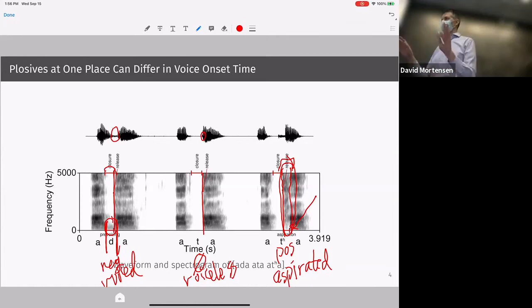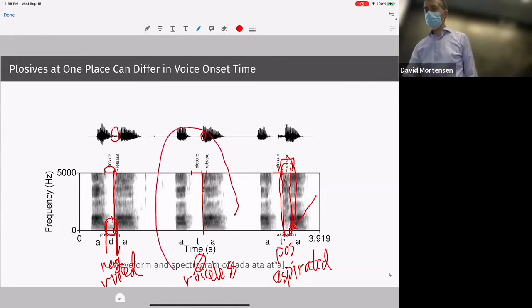Just making sure. A real D, an IPA D, would sound different, and we don't say that. The sound that we make for the D in English is actually really close to this.